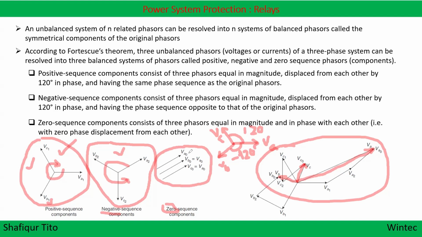And this zero indicates it is related to the ground or neutral. It is connected to the neutral. So we will come to that point. At this point, we can get the idea that we have an unbalanced system due to any of the faults that we have discussed.